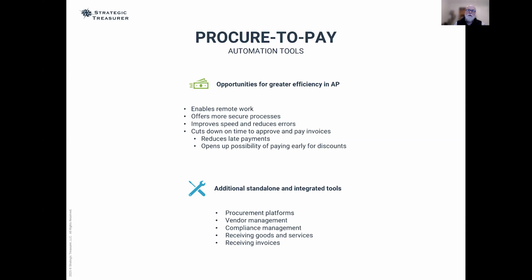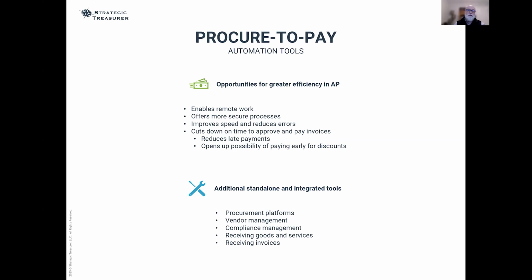Additionally, there's standalone and integrated tools that we have listed here that help you across the whole platform. Your vendor management, those relationships that you have that are really important, helps you manage that and maintain that relationship as well as strengthen it. Helps you from a compliance or regulatory standpoint, especially with organizations that are dealing with a global footprint.